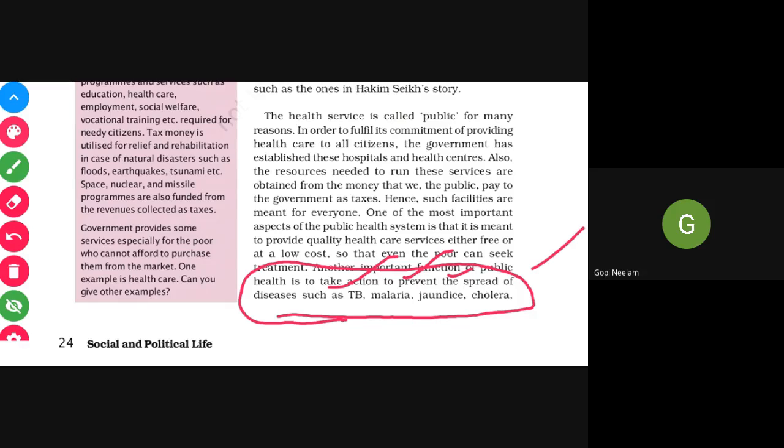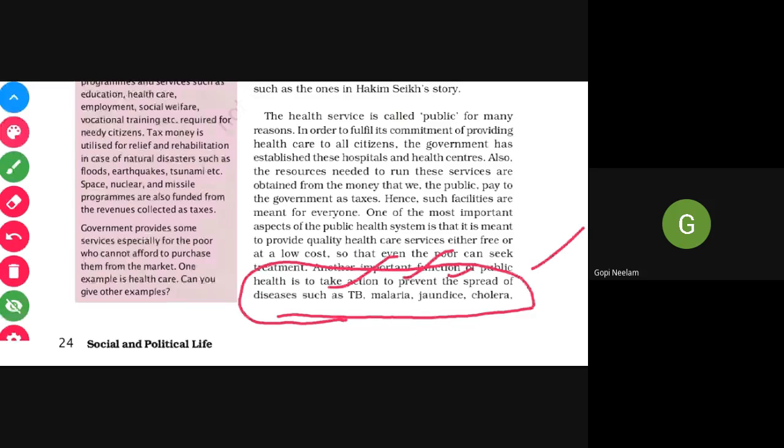Even when the patient is not coming to the hospital, they go to the patient, guide the patient and are available for the patient. That is a major responsibility for the prevention of the spread of diseases.